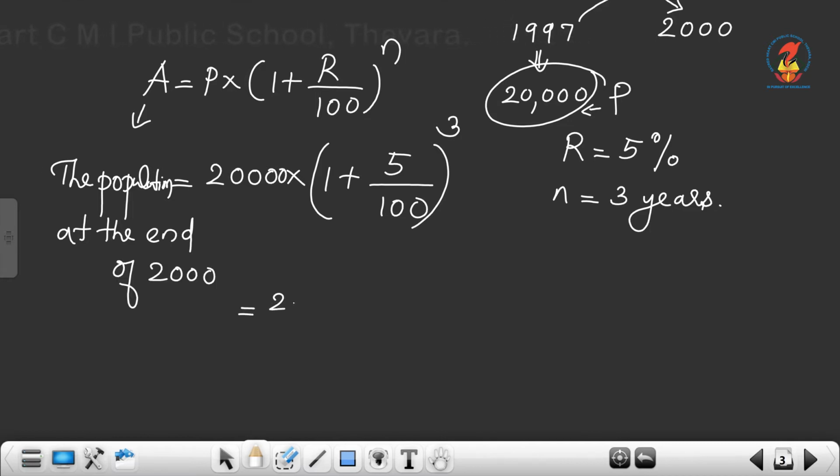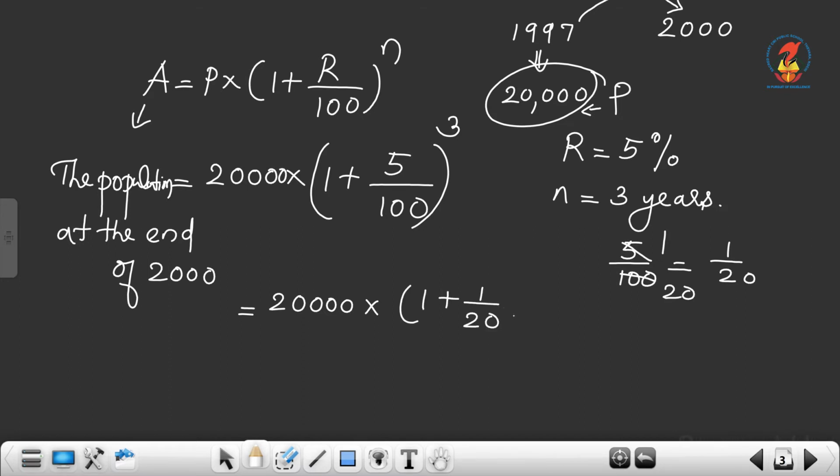This is equal to 20,000 into 1 plus 5 by 100. 5 by 100 we can simplify: 5 by 100 is equal to 1 by 20. So we can write 1 plus 1 by 20 whole raised to 3. 1 plus 1 by 20, with 20 as the LCM, is 20 by 20 plus 1 by 20, so you will get 21 by 20.